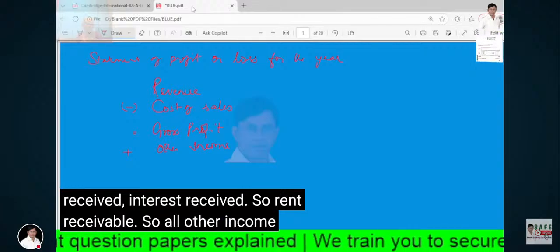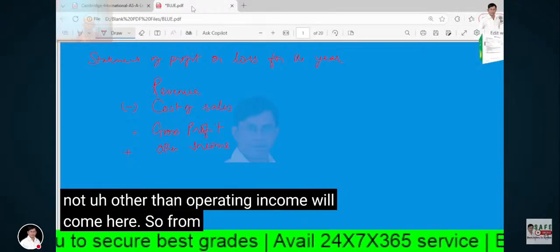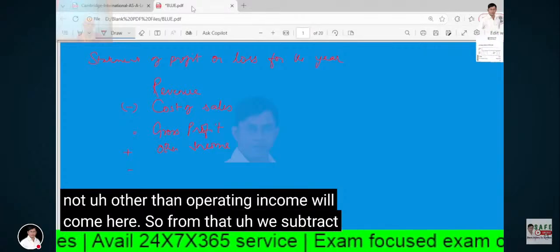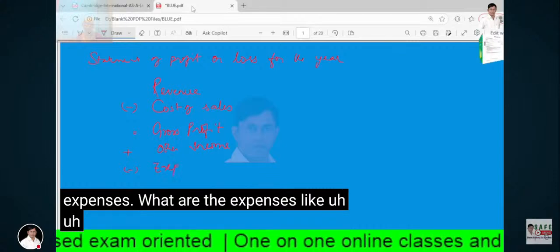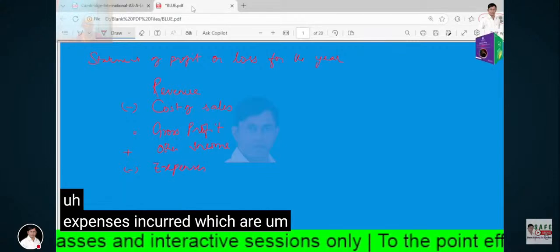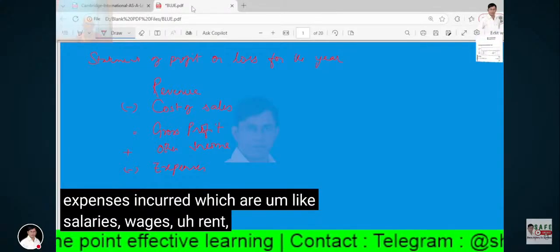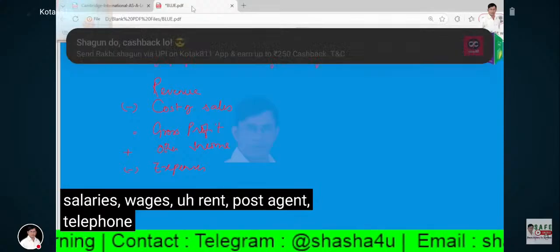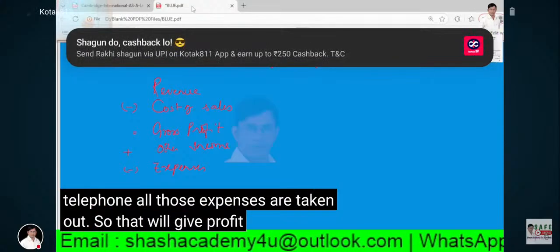All other income which is other than operating income will come here. From that we subtract expenses. What are the expenses? Expenses incurred, like salaries, wages, rent, postage and telephone. That will give profit or loss.